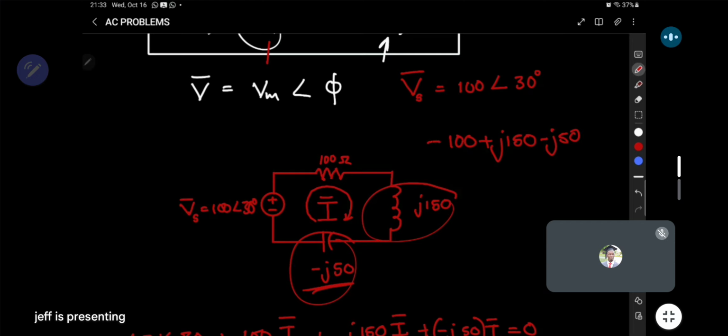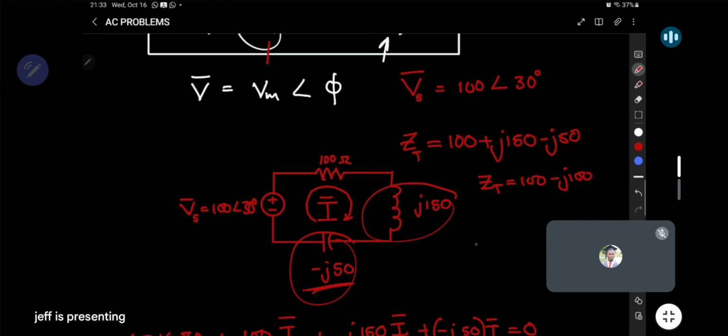This would be the total resistance. But again, because these are complex, we won't say resistance, we'll say this is the total impedance. If you simplify that total impedance, notice that it will reduce to 100 minus j100.